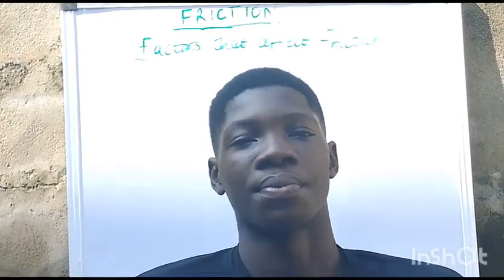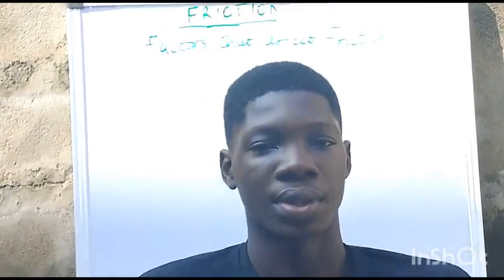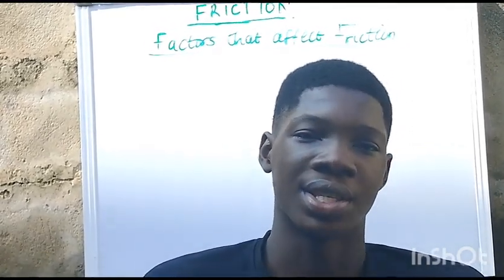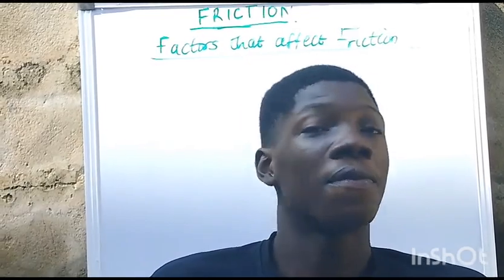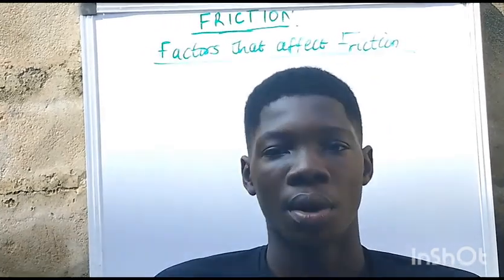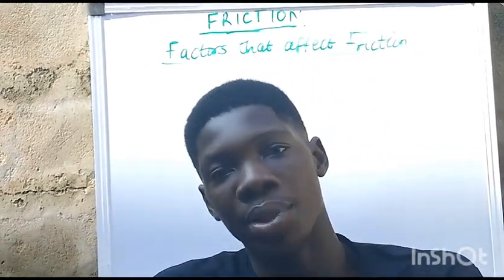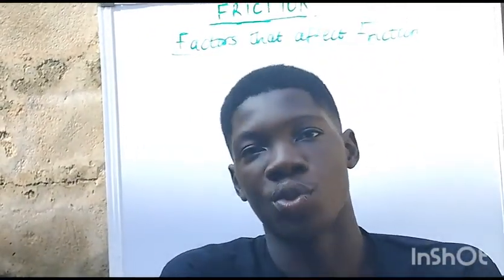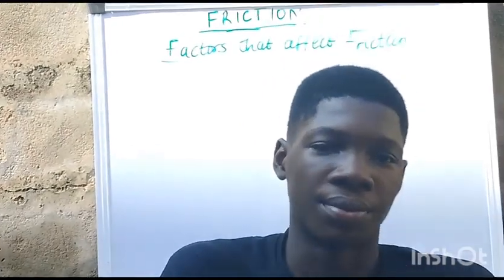Now the next factor is the normal force. The normal force is the force that is pressing the two surfaces together. For flat surfaces, it's basically the weight of the object. So heavier objects have more normal force, and more normal force means more friction.